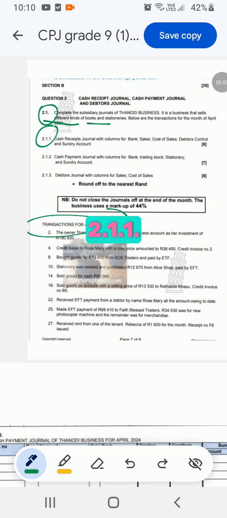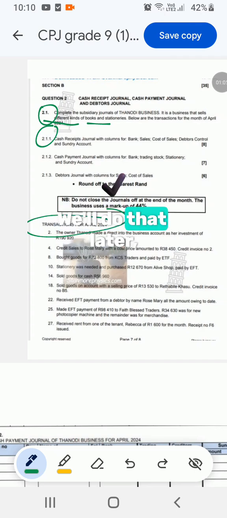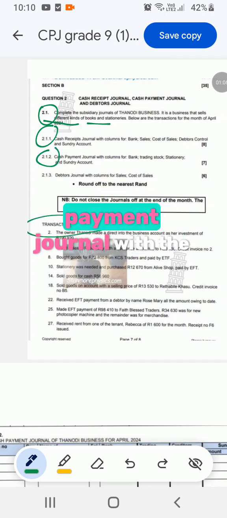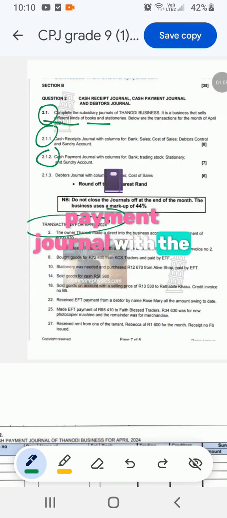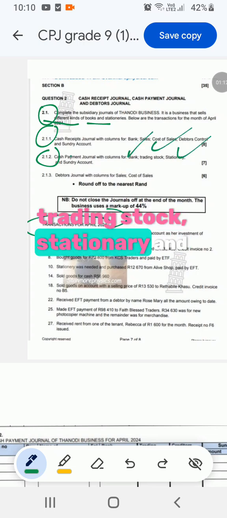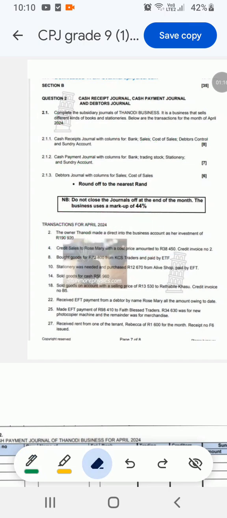Now they say these are the journals that you should fill in or record. The cash receipt, we'll do that later, but for now we're doing the cash payment journal with the columns bank, trading stock, stationery, and sundry account.